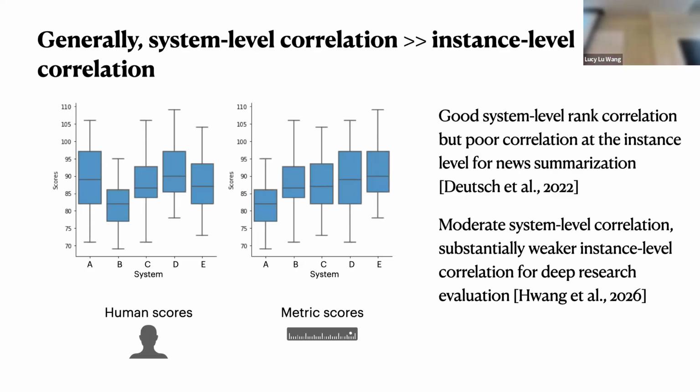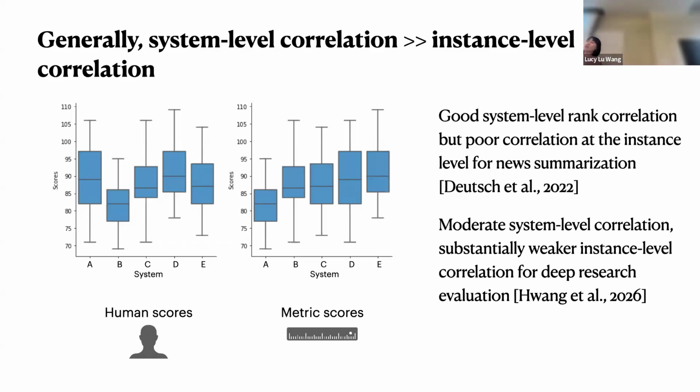What I mean by that is, let's say here we're evaluating 5 different models, 5 different systems, and the LLM judge metric or the automated metric places those systems in a similar order to what the human judges rated. But at the instance level, we very, very rarely see good correlation. Actually, we often see pretty poor correlation.